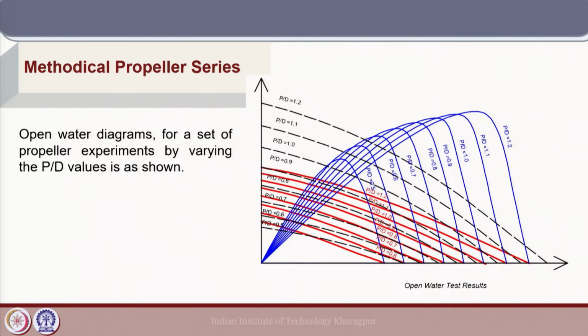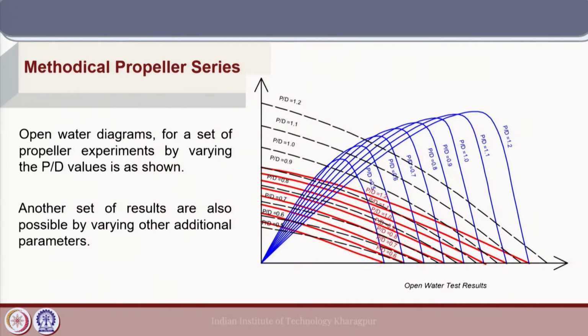This is a typical example of open water test results obtained by varying the P by D ratio. If we have a particular propeller geometry, with the number of blades and the blade area ratio AE by A0 constant, then just by varying the pitch ratio of the propeller blade we can obtain a set of curves.